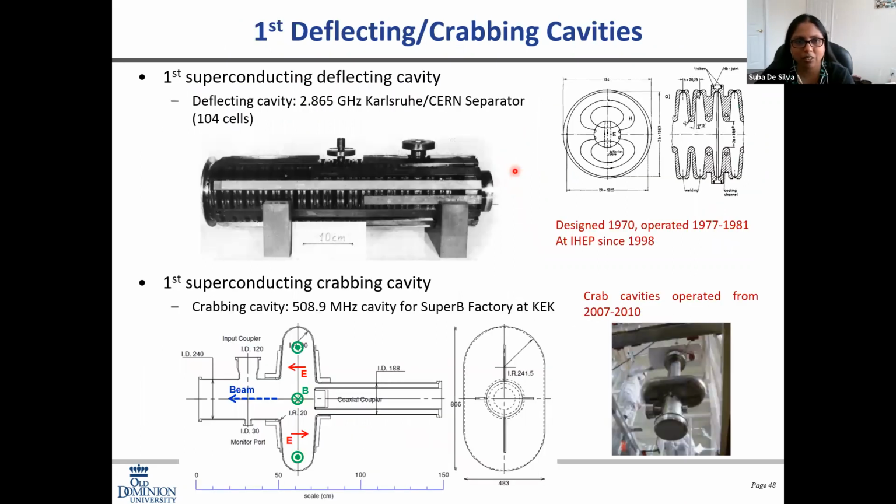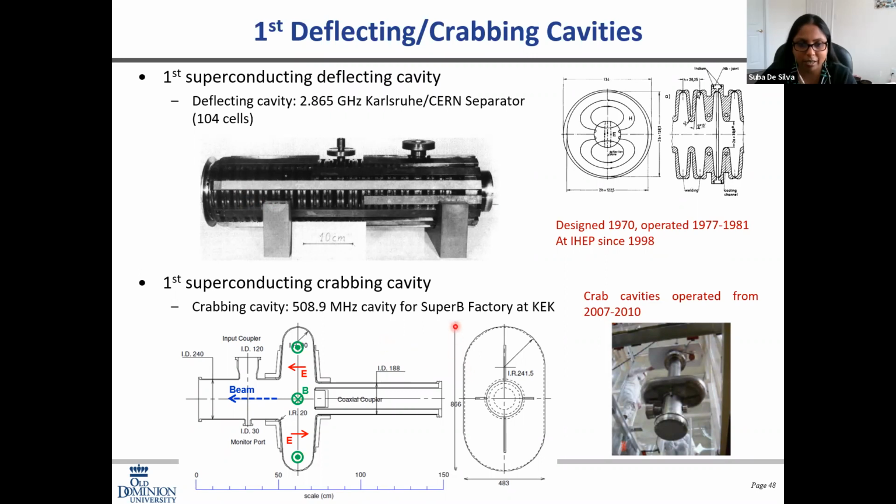And here are two cavity examples. The first ever superconducting deflecting cavity that was built, operating at TM110, is a mini multi-cell cavity. Now it's not in commission. And the first ever crabbing cavity, which is also a TM110 cavity, was built in Japan for the Super KEKB factory.